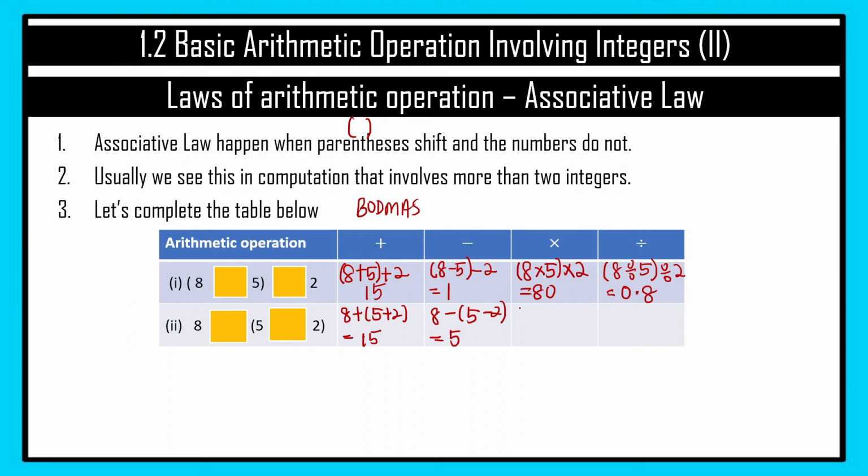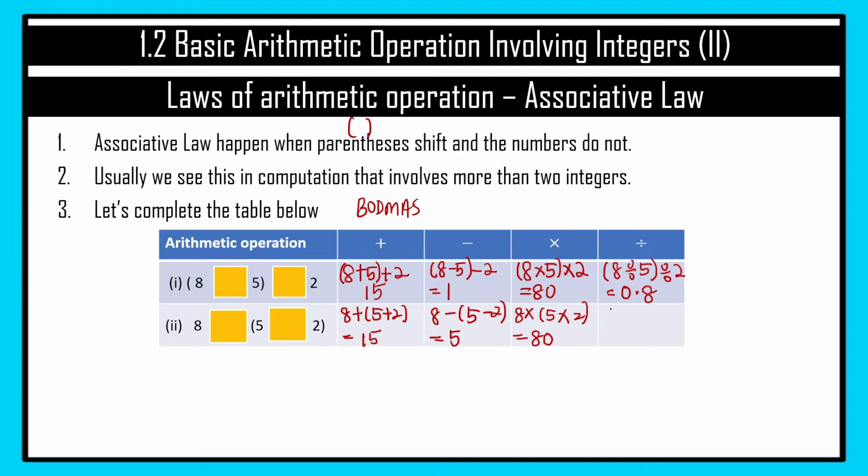Next one is 8 multiply 5 multiply 2. Okay, so bracket first, 5 multiply 2, which is 10. Multiply with 8, you get 80.